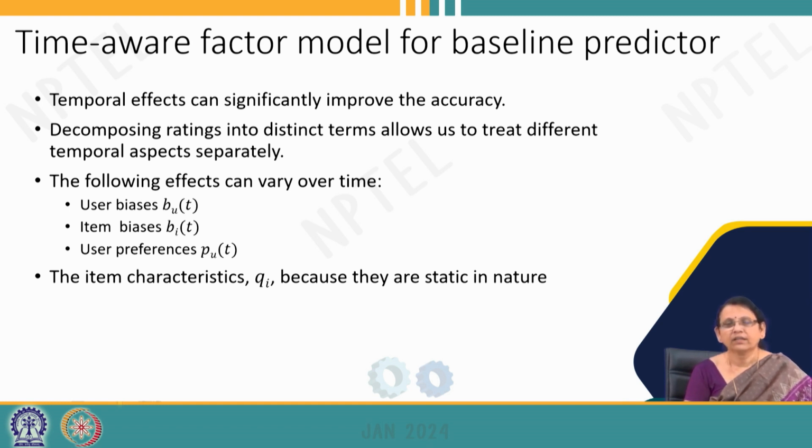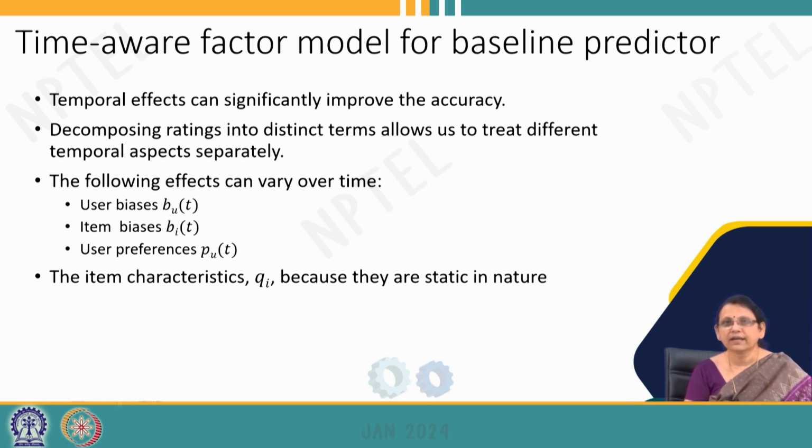and on item characteristics they are mostly static in nature, because over the time the item features will not change much. However, there can be little deviations as well. For example, if there is a new movie and it is getting released, then if it is a good one, probably many people will rate it and ratings will be very high.